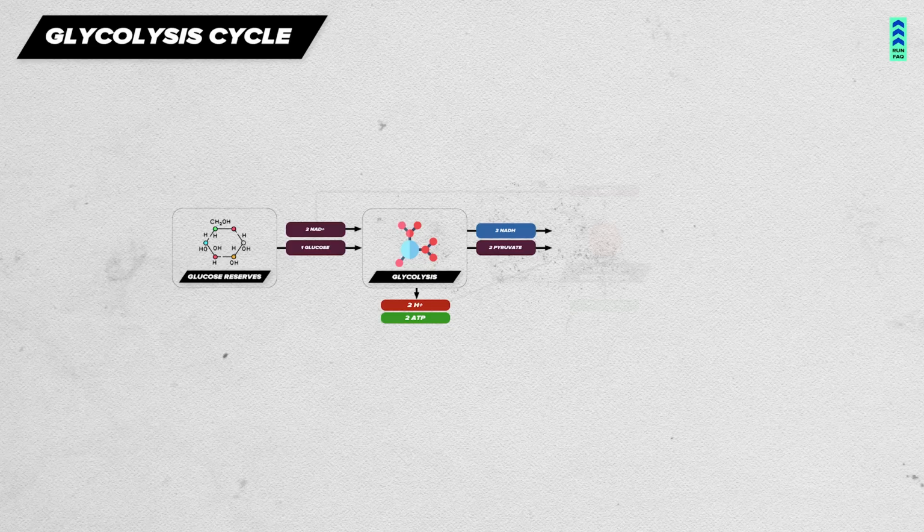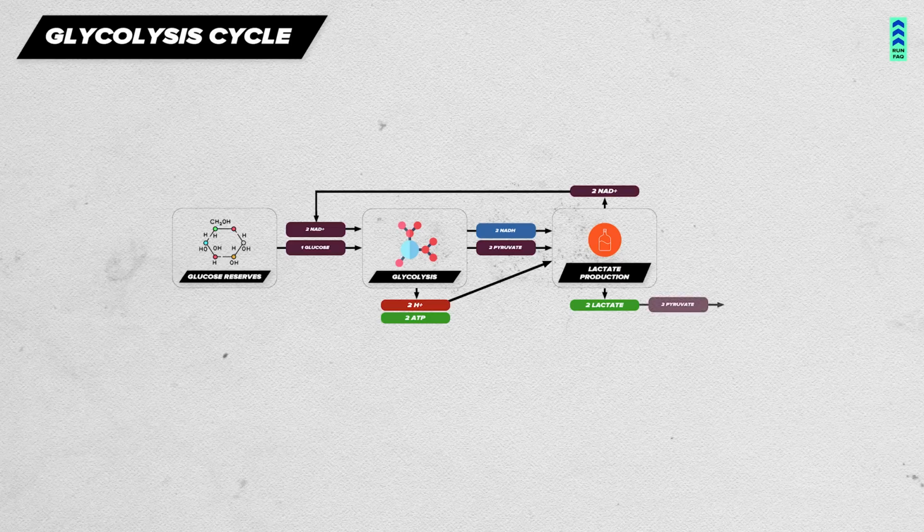Pyruvate is converted to lactate. And please don't worry about lactate. It's a helpful byproduct that can be converted back to pyruvate anytime with almost 0 energy input. The issue of glycolysis is that on top of pyruvate, it produces a lot of protons. Protons make the muscles more acidic, leading to the burning sensation often felt during intense anaerobic exercise.